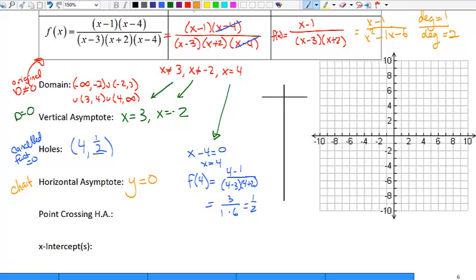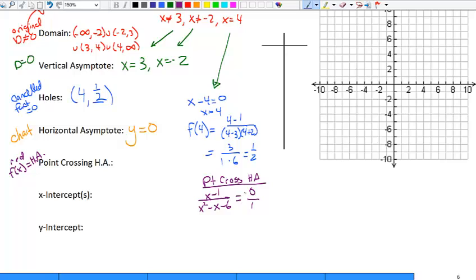The point crossing the horizontal asymptote is where I take my reduced function and set it equal to the horizontal asymptote. So my reduced function is x minus 1 over x squared minus x minus 6 equals my horizontal asymptote, which is 0.